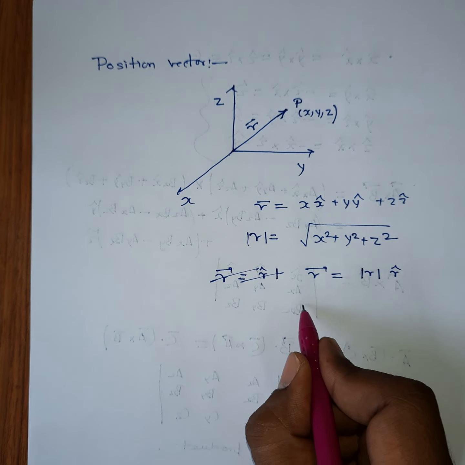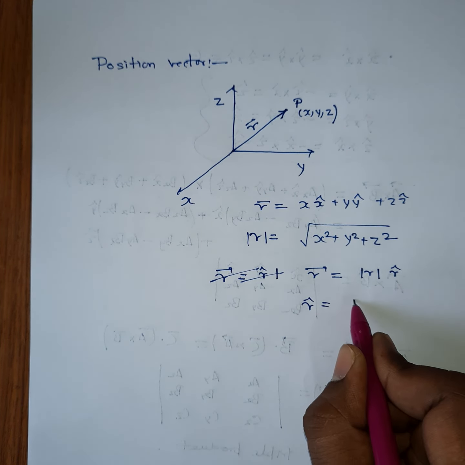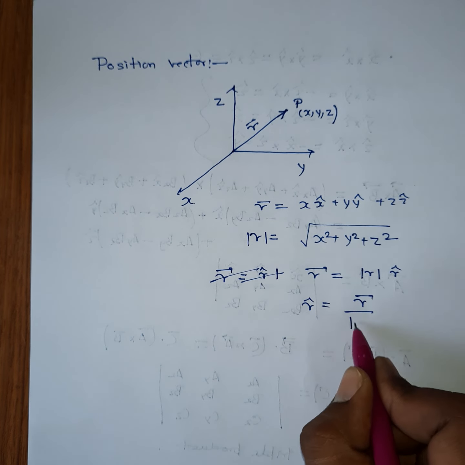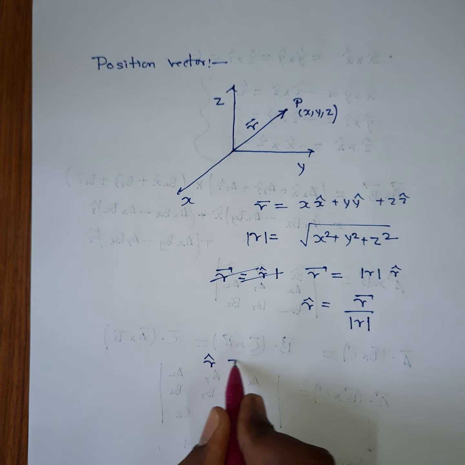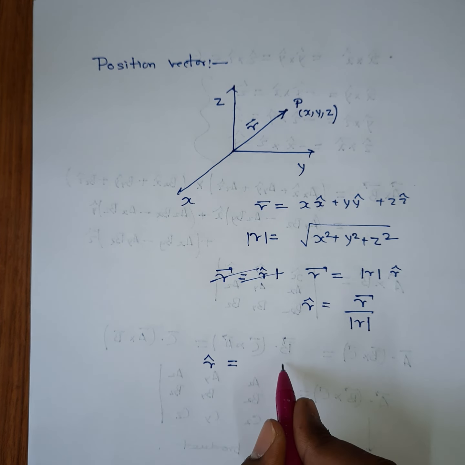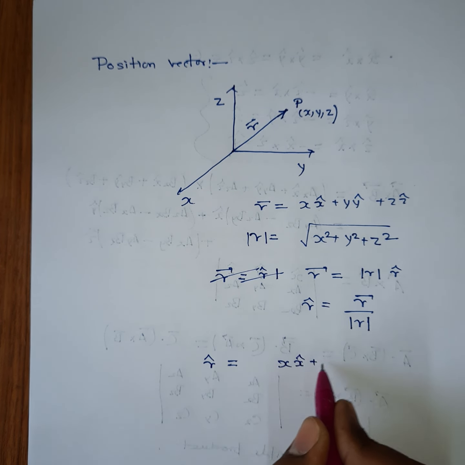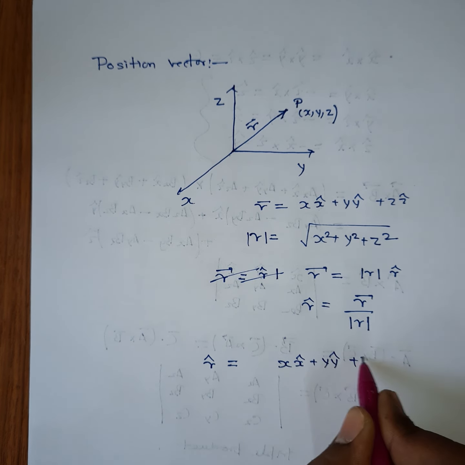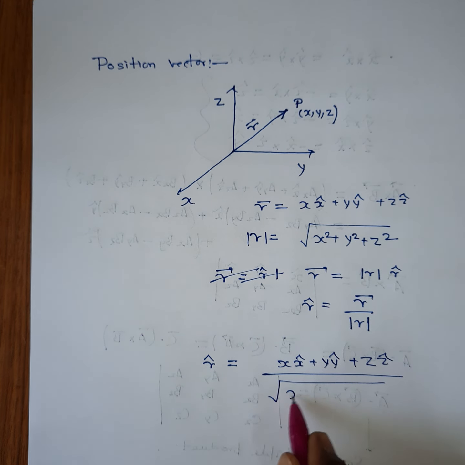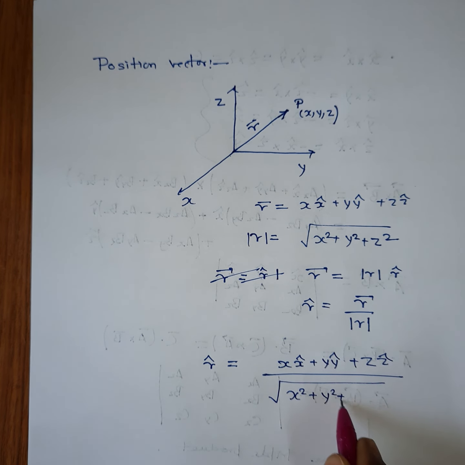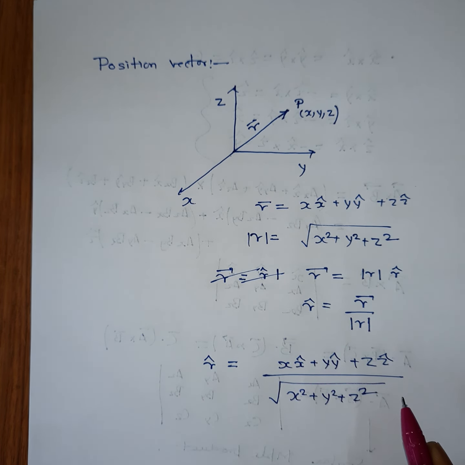So r cap is defined as r vector divided by magnitude of r. So you can define r cap as x x cap, y y cap, z z cap divided by the square root of x square plus y square plus z square.